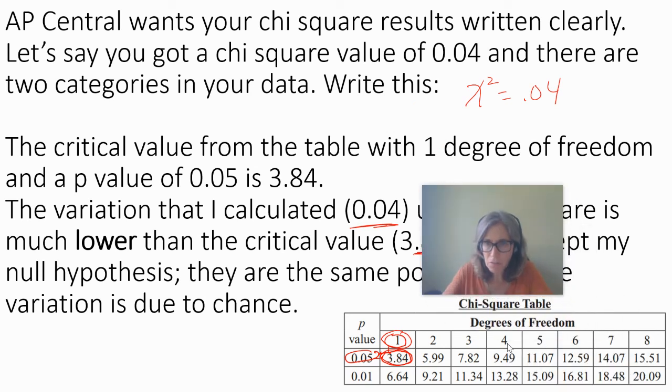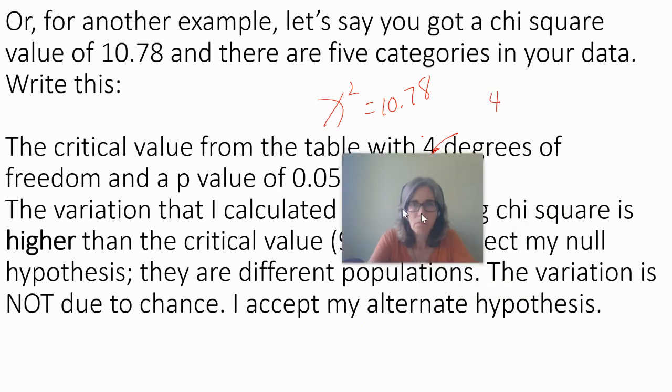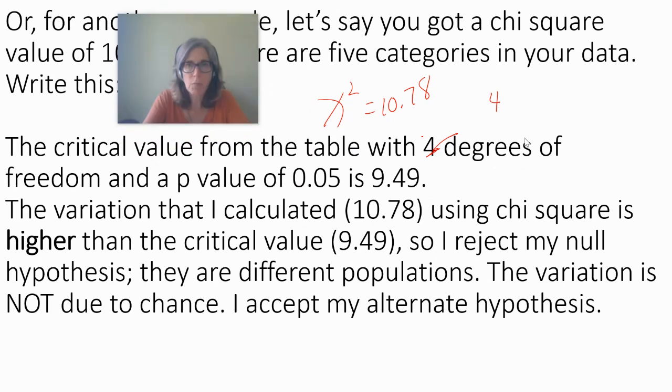So with 4 degrees of freedom, I have a critical value of 9.49. And that's what it says right here. So the critical value from the table with 4 degrees of freedom and a p-value of 0.05 is 9.49. That's what I would actually write on my answer.